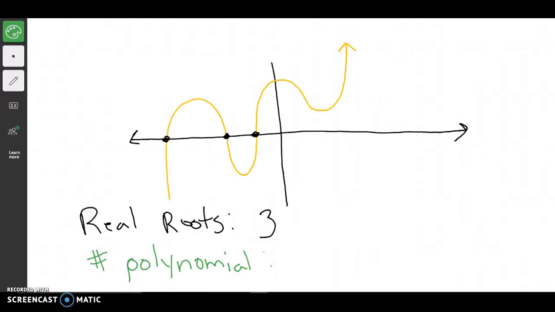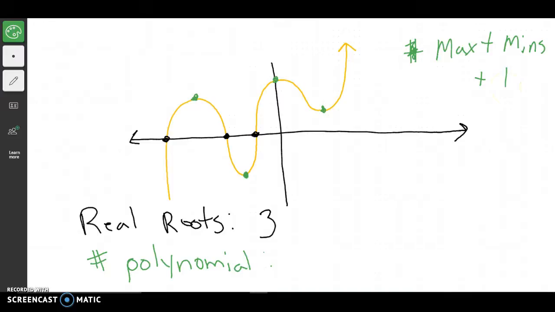Here's how you decide the degree of the polynomial. You look at the number of hills and valleys this has, or maxes and mins. I take the number of maxes plus mins, and then I add 1.